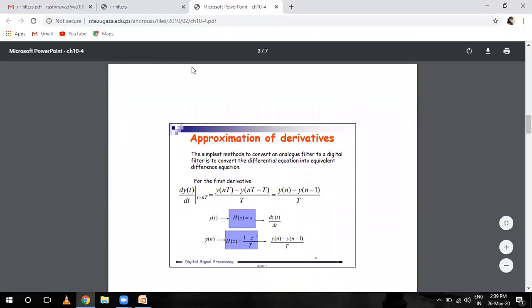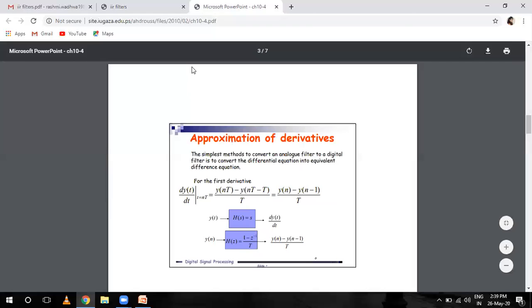Now, the simplest method to convert an analog filter to a digital filter is to convert the differential equation into a difference equation. This is also called the backward difference method.